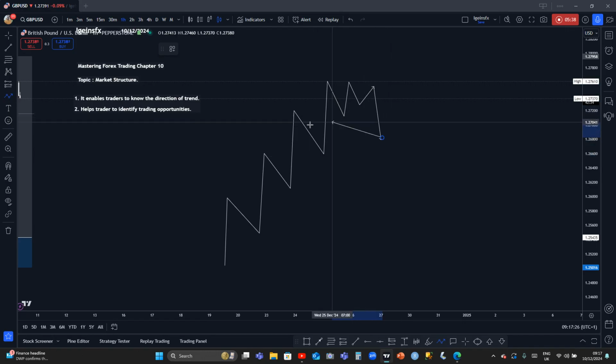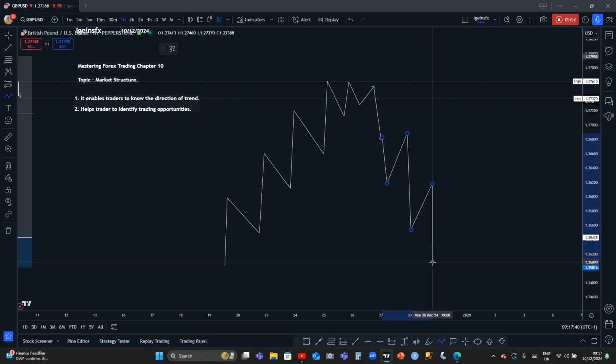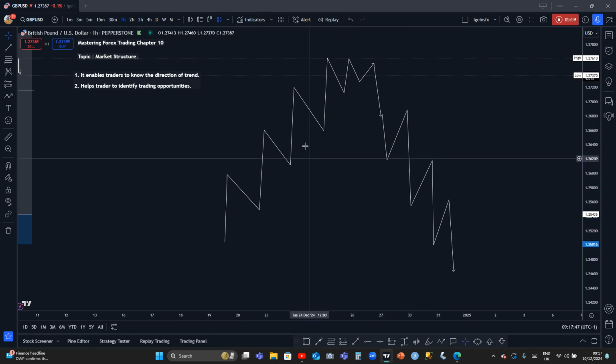Now, this is the last low. You now see it will come, for example, break this low, retest, break, pull back, break, pull back, then another break of structure to the downside. Now, what happens here is that we now have two types of market right now.